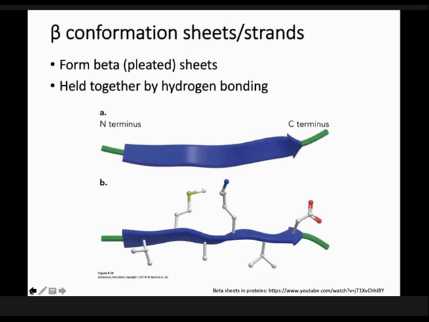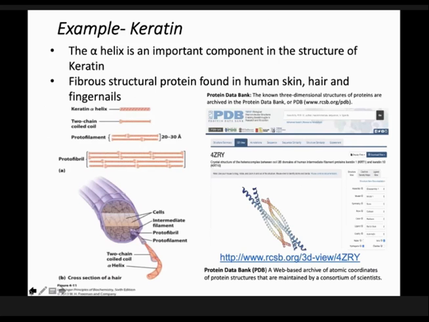The important part here is to know that the alpha helix and beta strand are secondary structures. So every time you see this structure, you know that it is a protein. As I mentioned, there are some proteins that are just alpha helix, very simple.